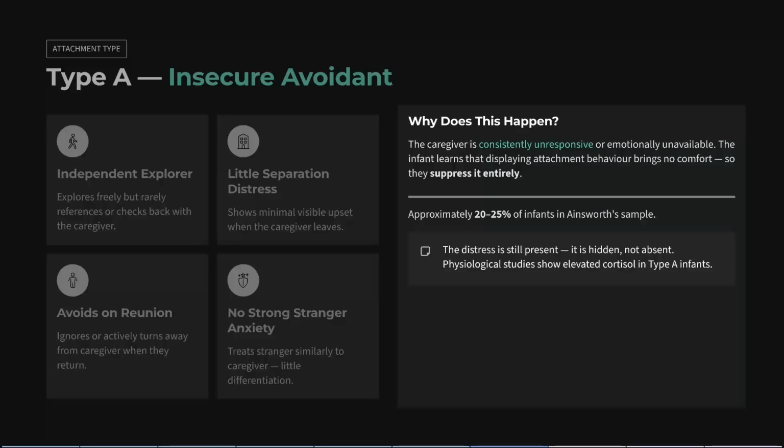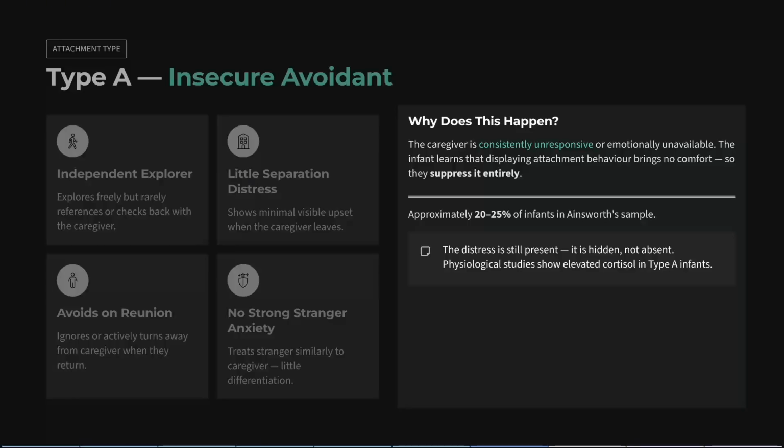Over repeated experiences, the infant learns that displaying need brings no comfort. Attachment behaviour isn't rewarded. The infant's response then becomes adaptive. They suppress the attachment behaviour entirely. They've learned to manage without it.